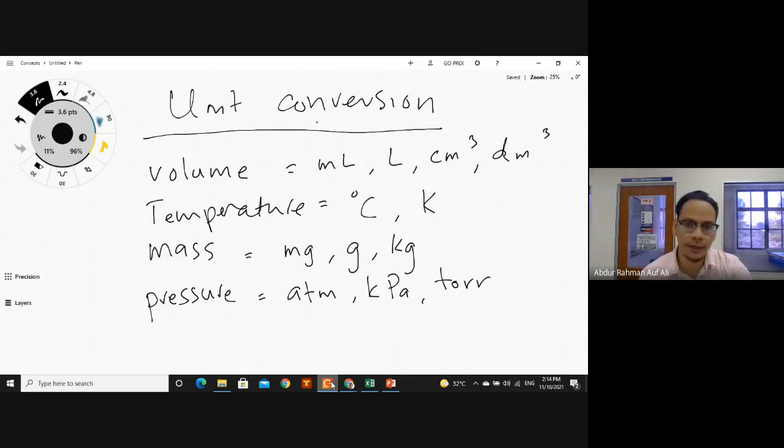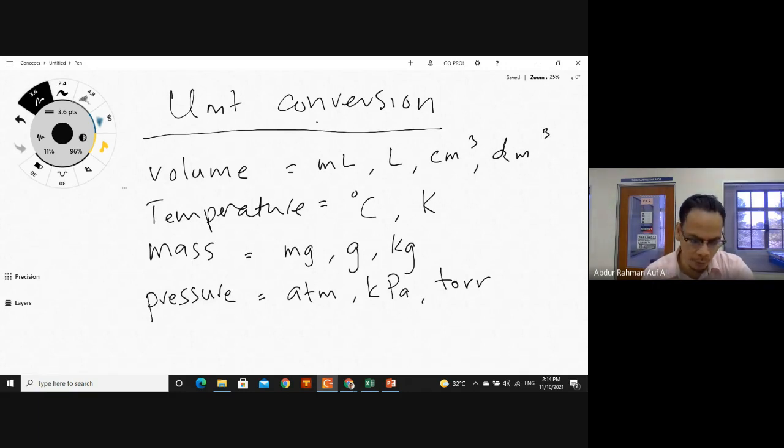So these are the 4 types of measurements that I want you to be efficient in. Saya nak kamu mahir dalam mengukur volume, temperature, mass, and pressure. These are the basic fundamental units that you will be dealing with in chemistry.